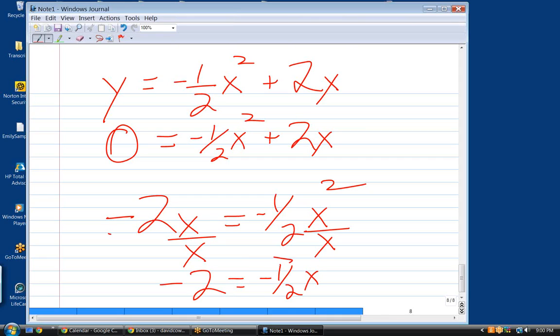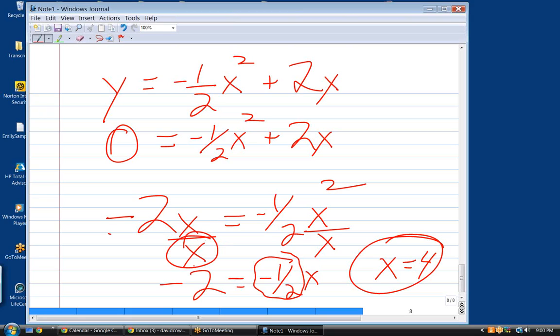Now you multiply by minus 2 to get x equals 4. That is a solution. But because we divided by a variable that might be 0, we lose that solution. We didn't come up with 0 as a solution. We came up with just 4. So that's not what you want to do when you have this.